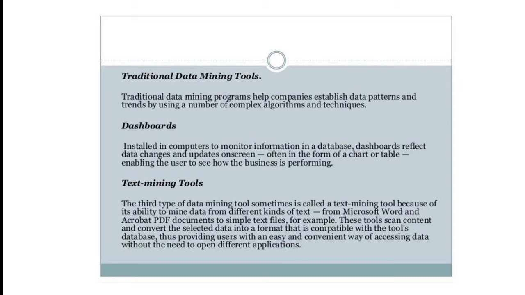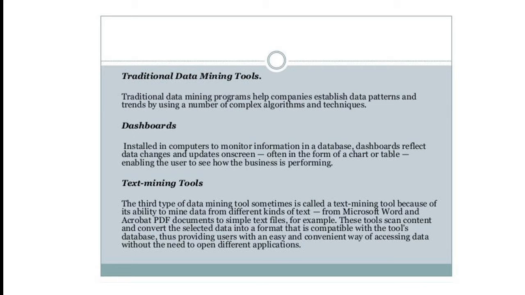And the third type is text mining tools. It is so called because of the ability to mine data from different kinds of text and from different areas. You can store data either from Microsoft or PDF format or any other format.